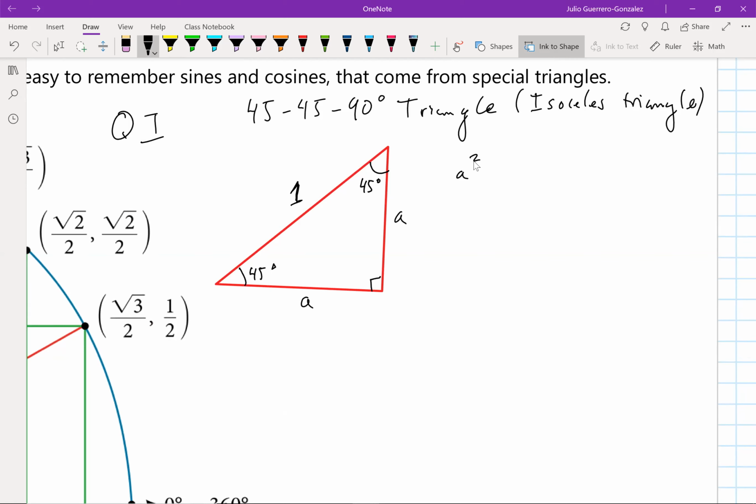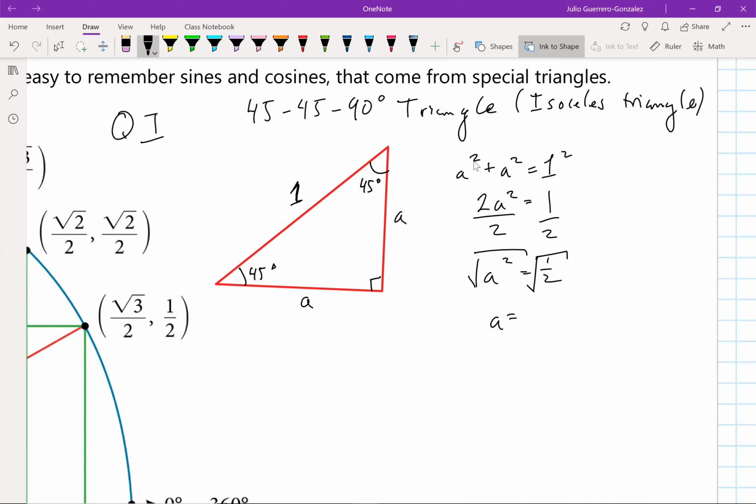So now, if we use Pythagorean theorem, we have something that looks something like this. A squared plus A squared is equal to 1 squared, right? We have two A squareds, so we can combine them to 2A squared is equal to 1. Okay, we can divide by 2, so we are now left with A squared is 1/2. We're just following our nose here. Okay, and last, square root.